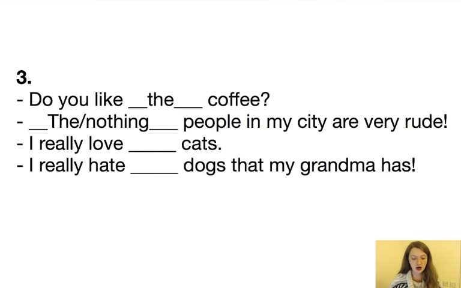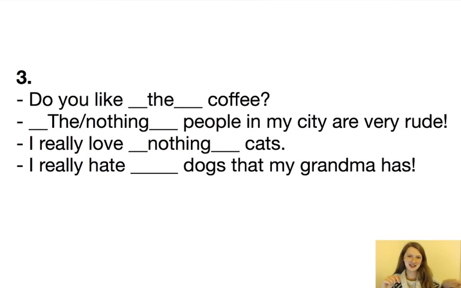People are saying no article. Fantastic. So nothing. I really love cats in general. Now imagine I have, I don't know, some cats of my own, pet cats. I could say, I really love the cats, the specific cats. So I don't need to use any article here because we're talking in general. I really love cats in general, not specific ones.